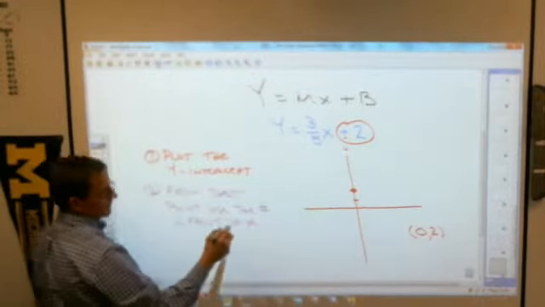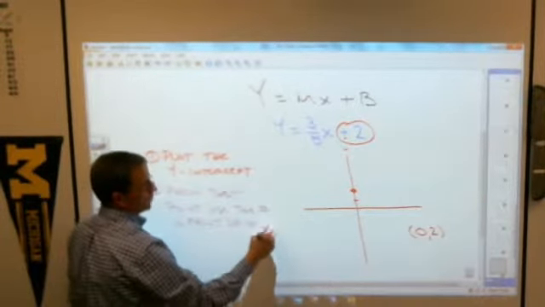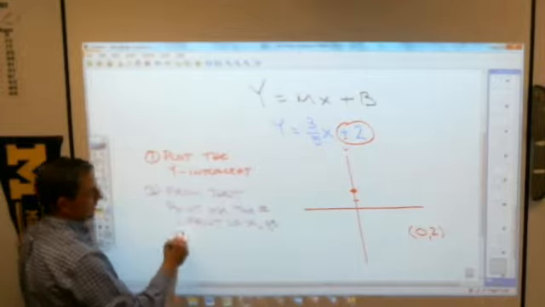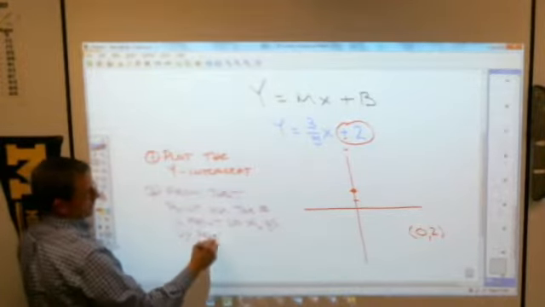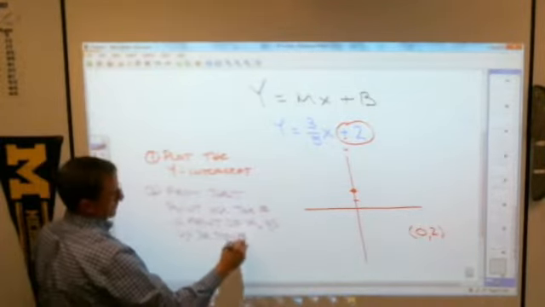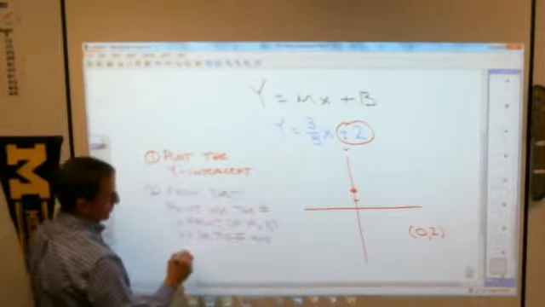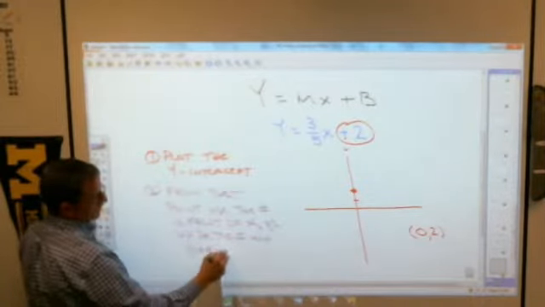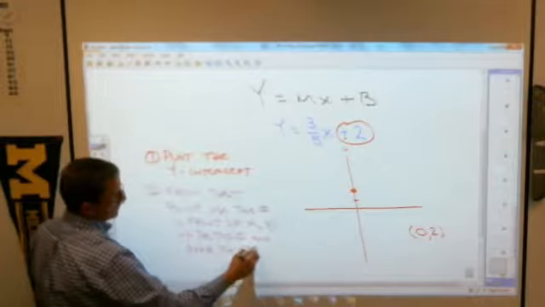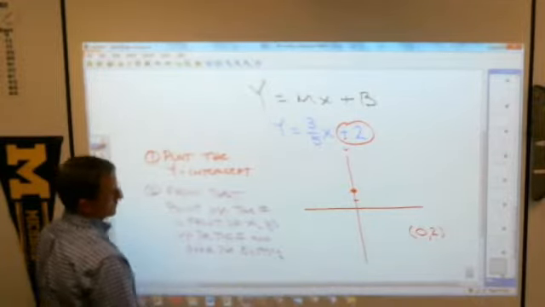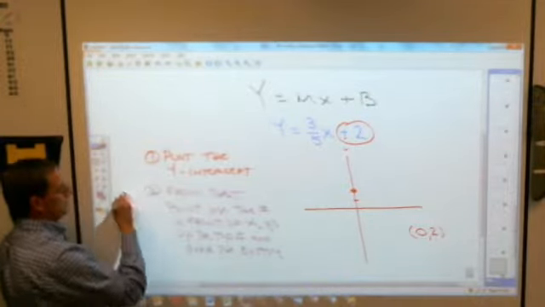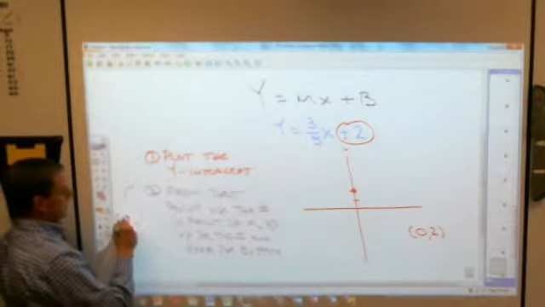Use that number in front of x. Go up the top number and over the bottom number. What do we call that? Slope. Slope, children. This is using the slope.